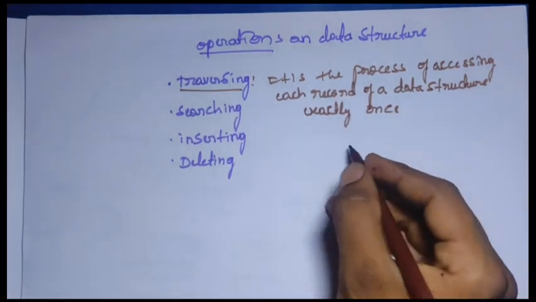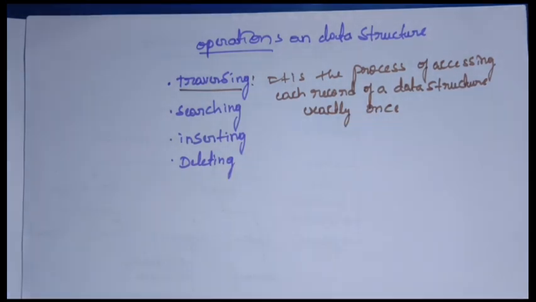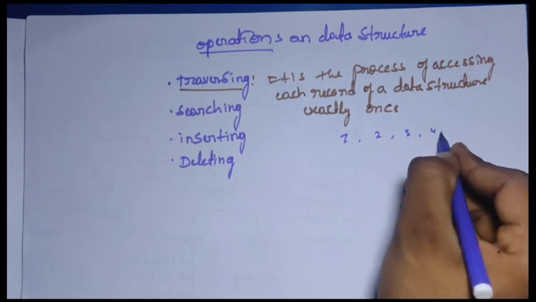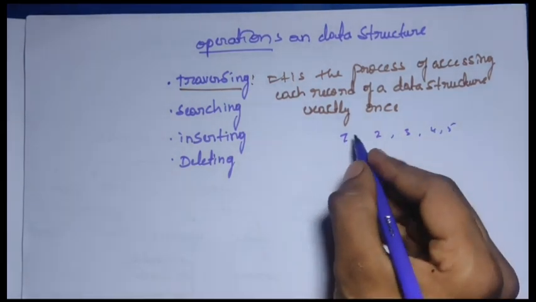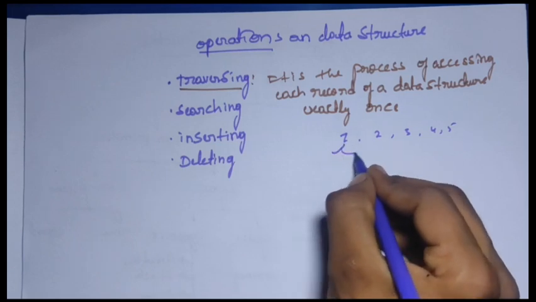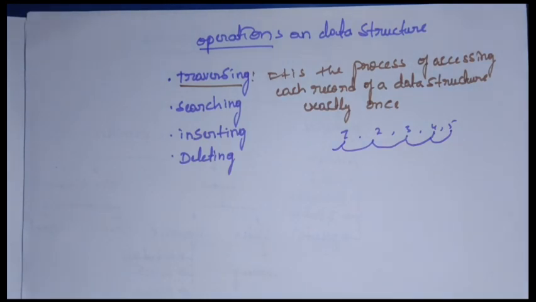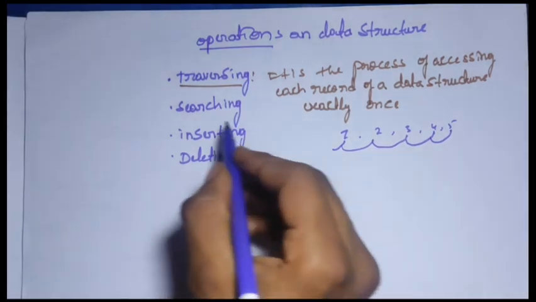Consider a simple example: 1, 2, 3, 4, 5. Traversing is nothing but accessing each and every element once. So this is the basic operation on a data structure, that is traversing.